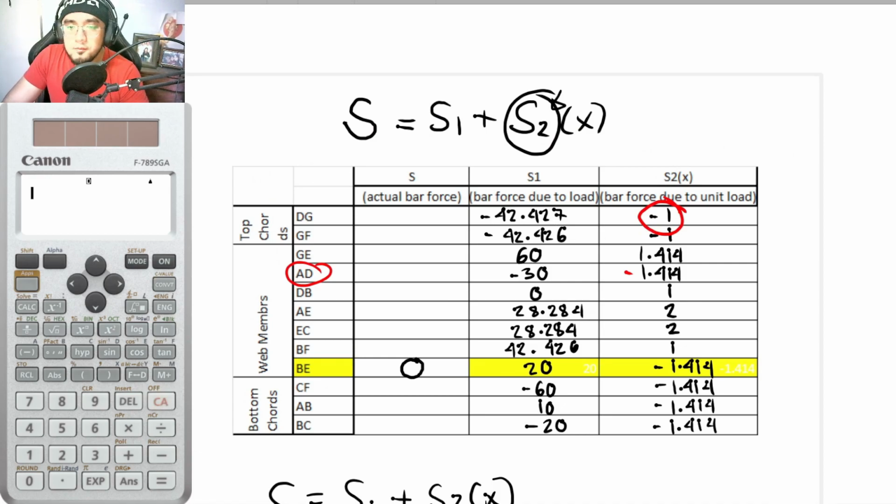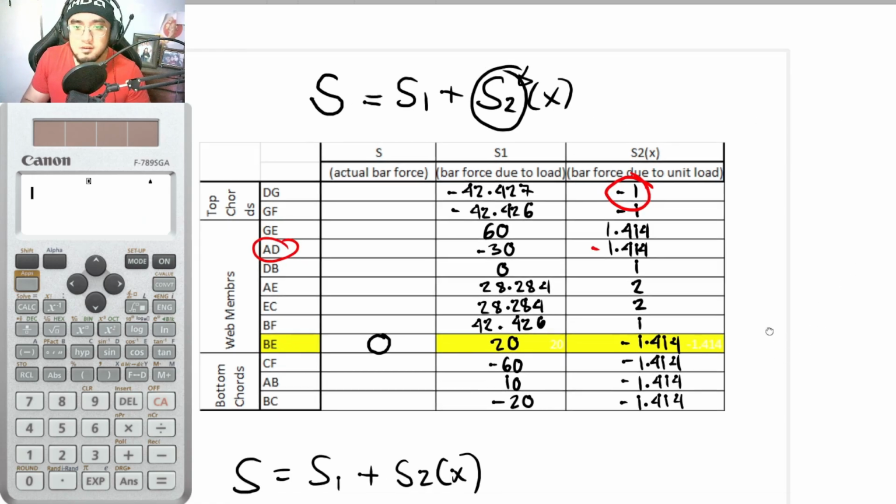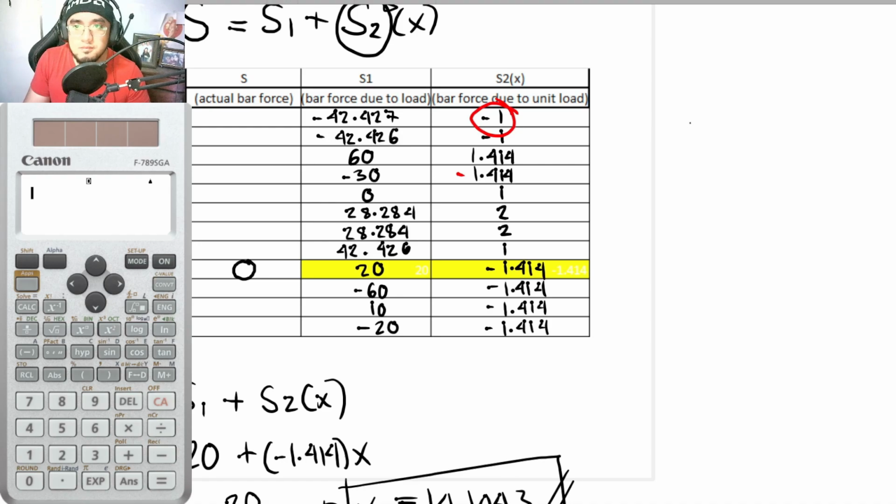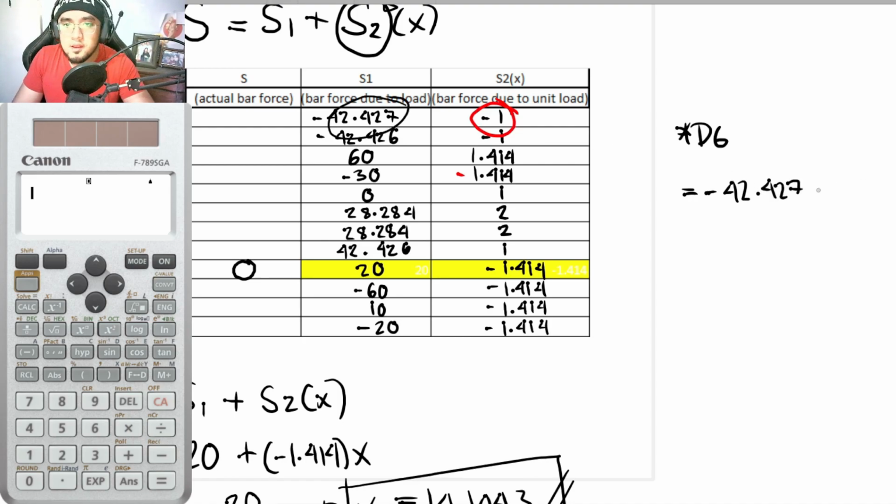So for the actual bar force here, what you will be doing is, for DG, let's say DG, the bar force DG is now equal to negative 42.427, which is this, minus 1 times the value of x, and the value of x is equal to 14.1443.